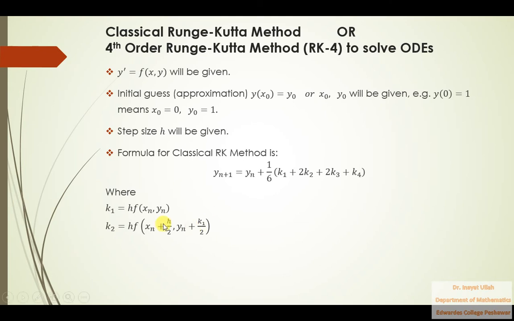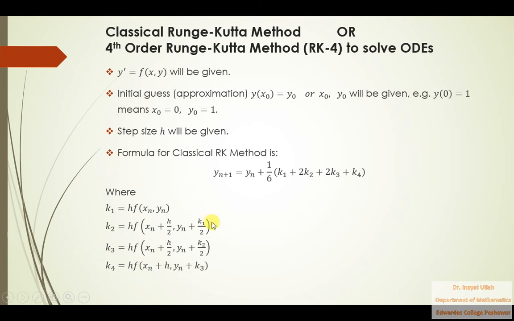Just add h/2 with xn and k1/2 with yn, so that is your k2. k3 is the same: xn plus h/2, but you need to add k2/2 with yn. For k2 you add k1/2, and for k3 you add k2/2 with yn, so that is k3.